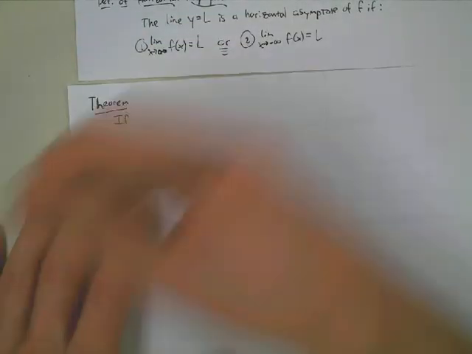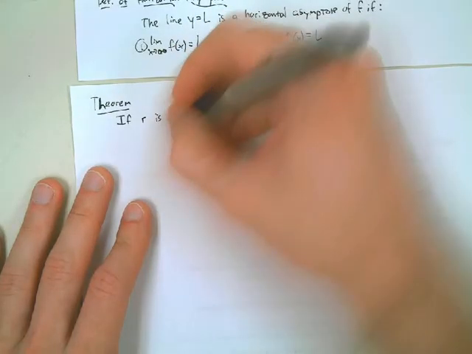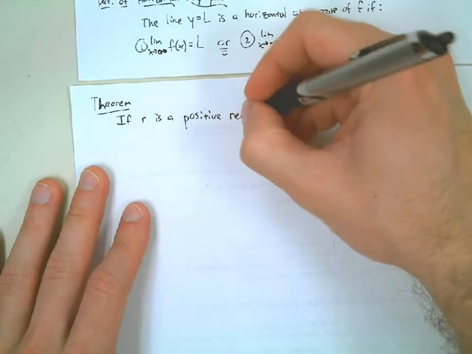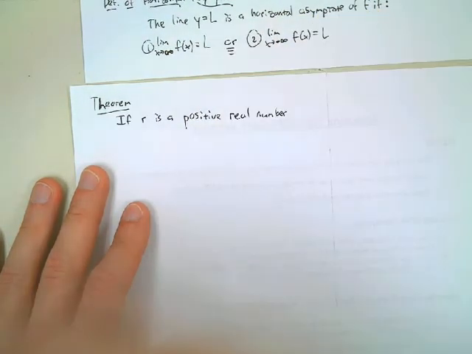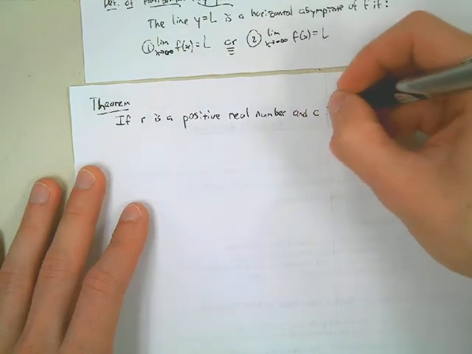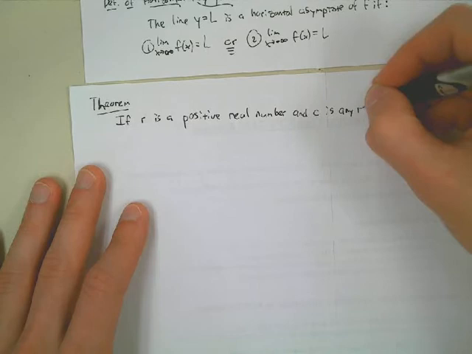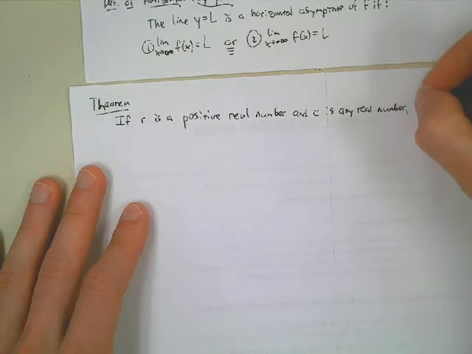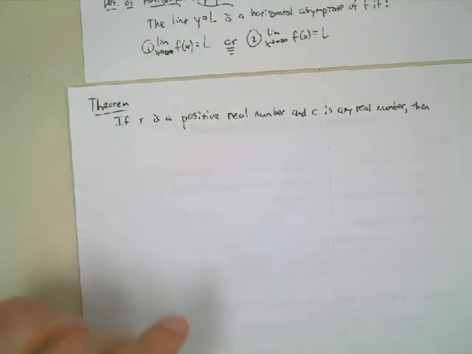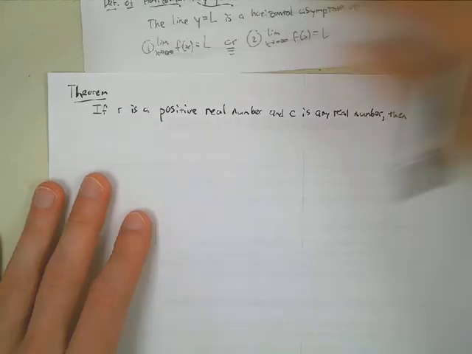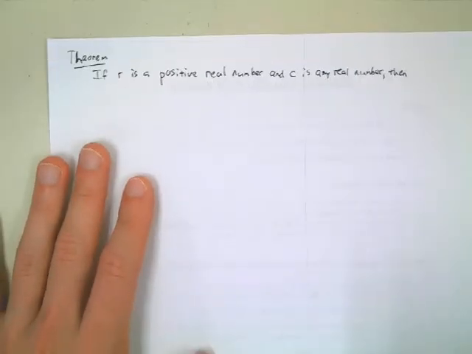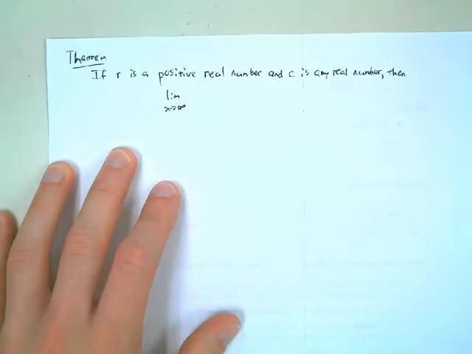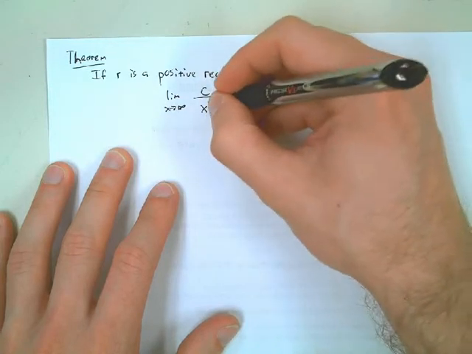If r is a positive real number, and c is any real number, then the limit as x approaches infinity of c over x to the r is equal to 0.